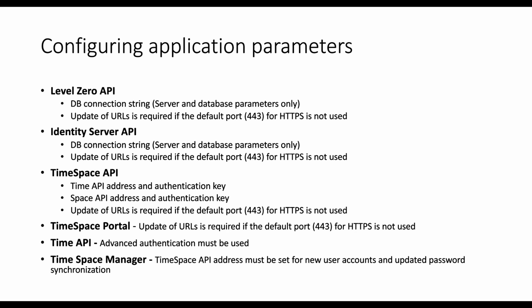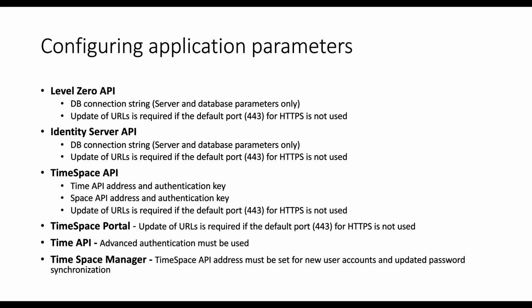By default, the configuration in these files is set to the host name of this machine. But of course, if you are using a custom HTTPS port, like in my case, you need to update all these things.